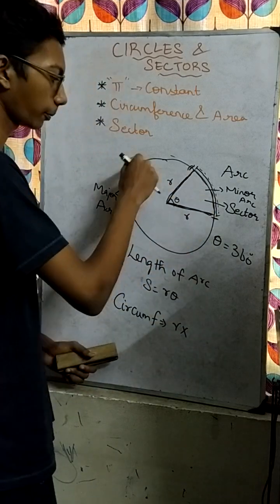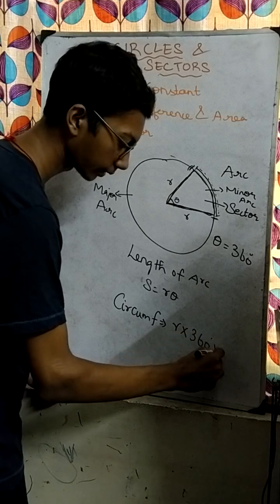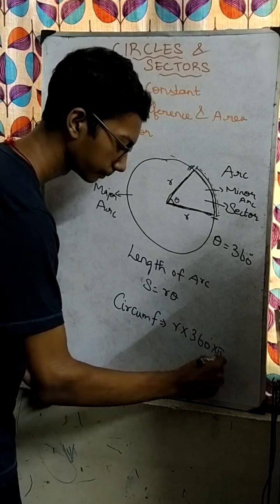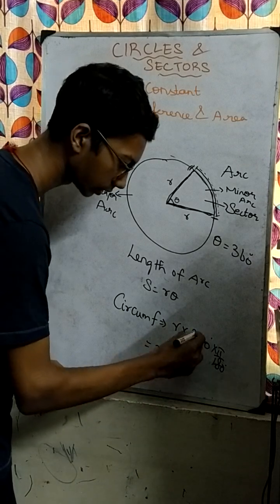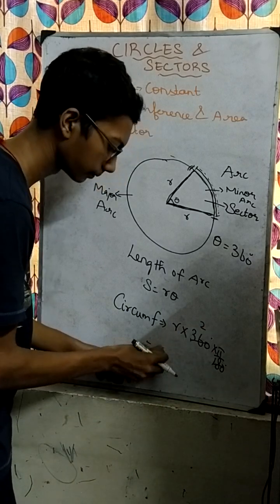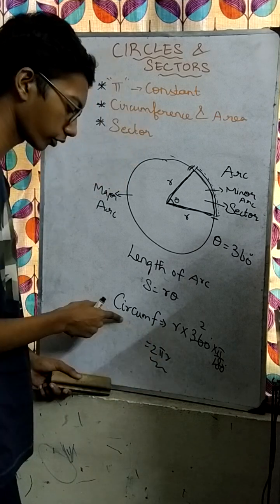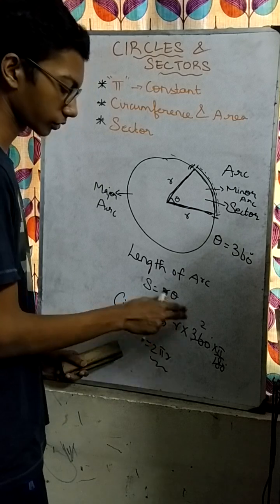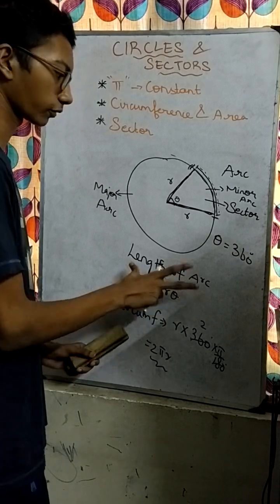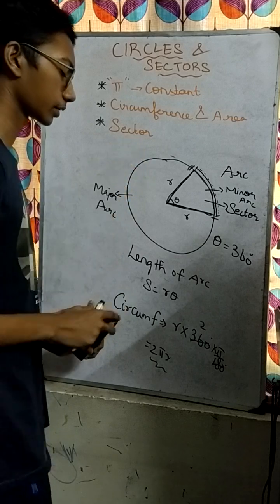Now the theta part again is 360 degrees. Again converting this into radians, we get r times 2 pi, that is 2 pi r, which is the circumference of the circle. That's how we derived the circumference of the circle from the length of arc formula. Now that's the thing with circles and sectors. Thank you.